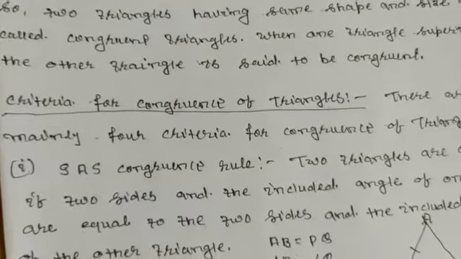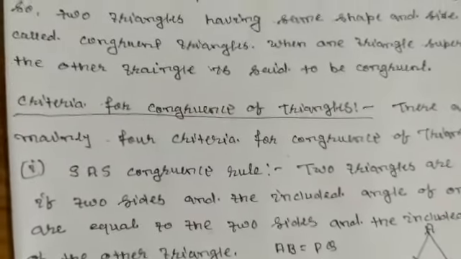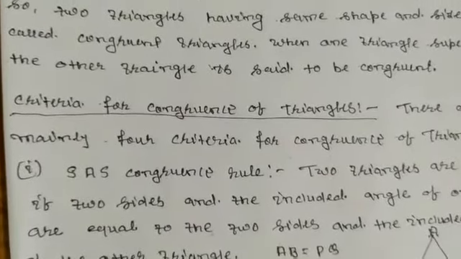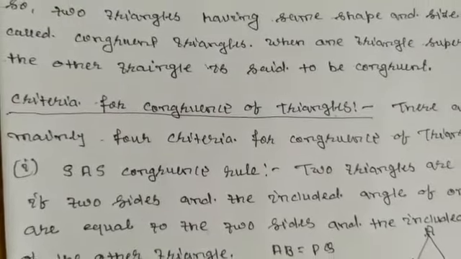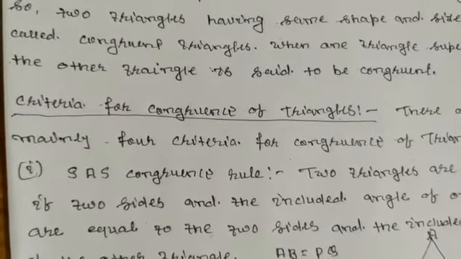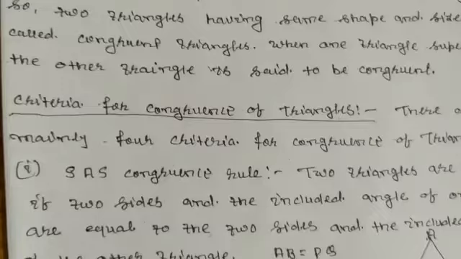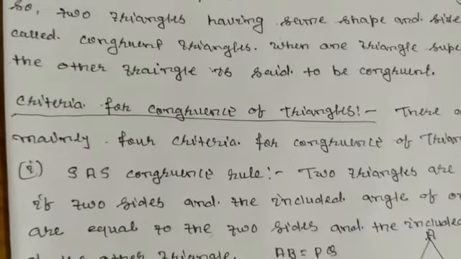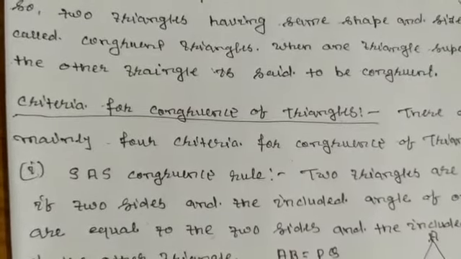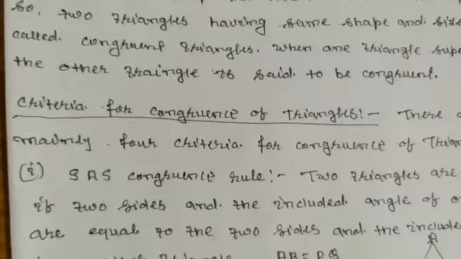Now I am going to discuss the criteria, the conditions, for the congruence of triangles. In which circumstances are two triangles said to be congruent?